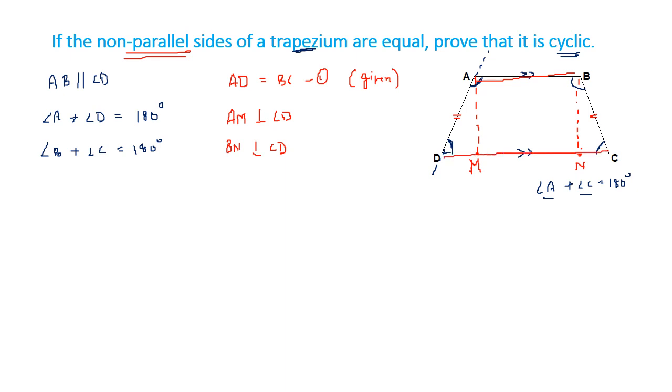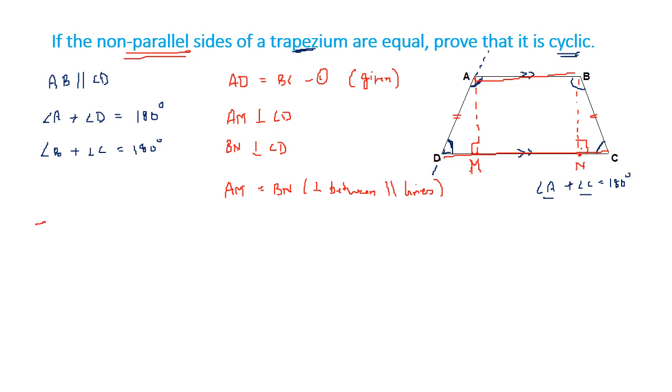We know that when lines are parallel, the distance is equal. So we have AM equal to BN, as perpendiculars between parallel lines are equal. And because I drew the perpendiculars, this angle is 90 and this angle is also 90. So this is the construction I do.